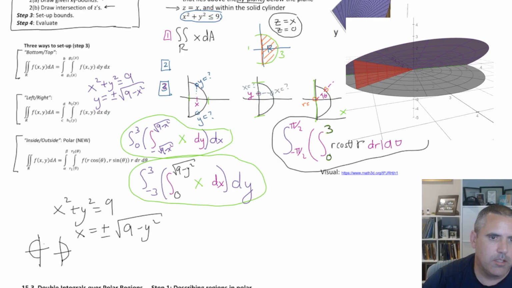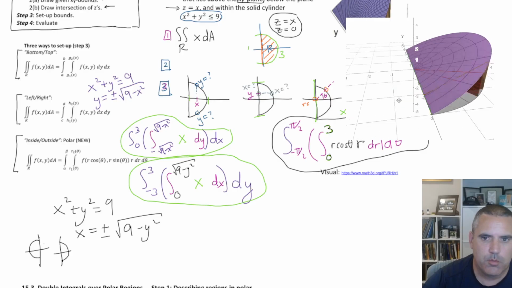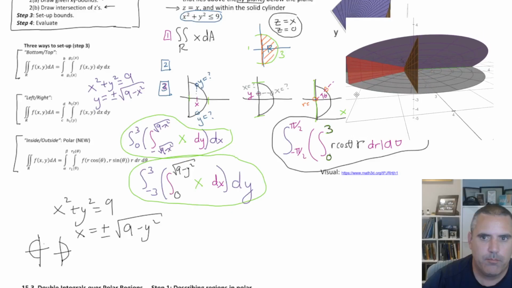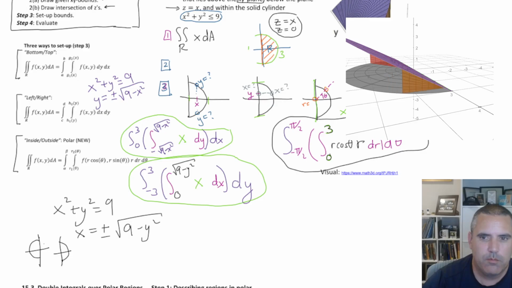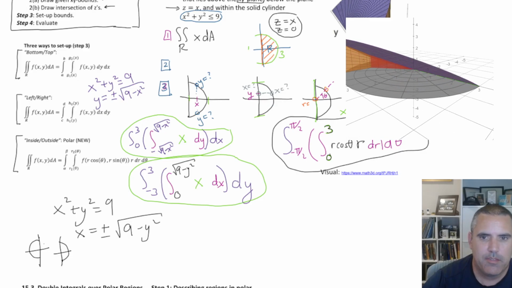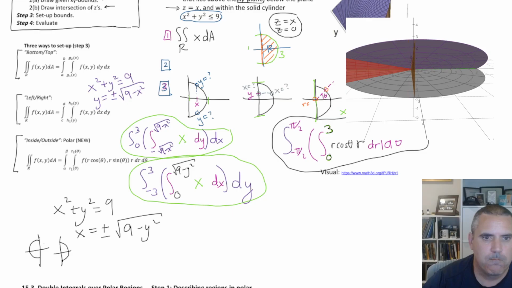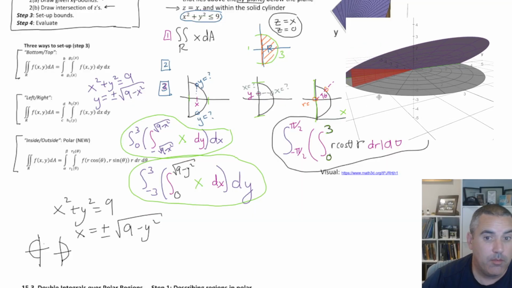Alternatively, we could do it in terms of y. Now, if you do it in terms of y, it's like this triangular shape. I think that could be done without doing the full 126 method. That's what you get. And the last method is polar, kind of radially thinking about the area.